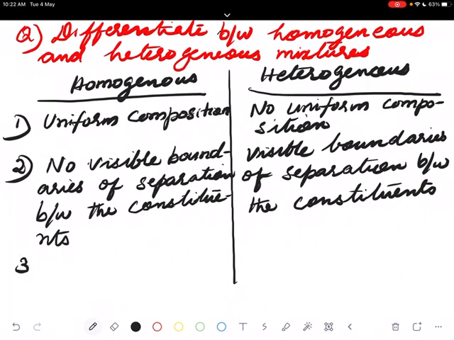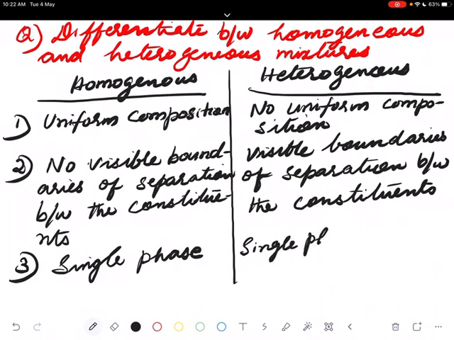Number three, same phase or single phase for homogeneous, and single phase or different phases for heterogeneous.